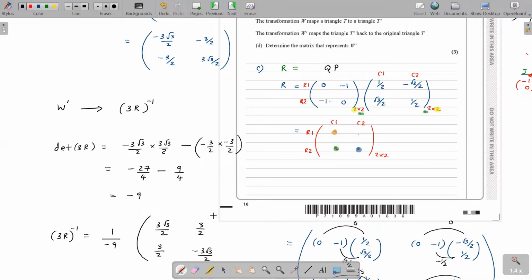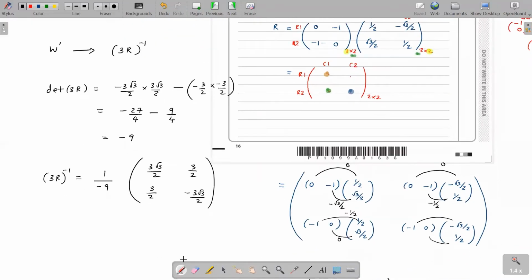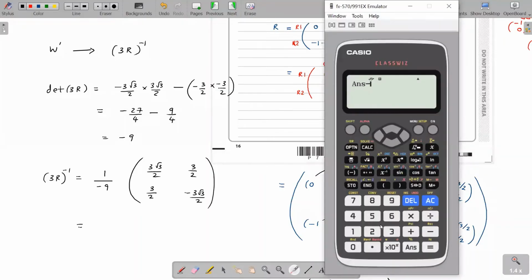Are you with me? Shall we multiply inside with minus 1 over 9? Can you multiply by minus 1 over 9? You can type it here. I'll do the first one. Minus 1 over 9 multiplied by 3 root 3 over 2. What do you get? We get minus root 3 over 6.